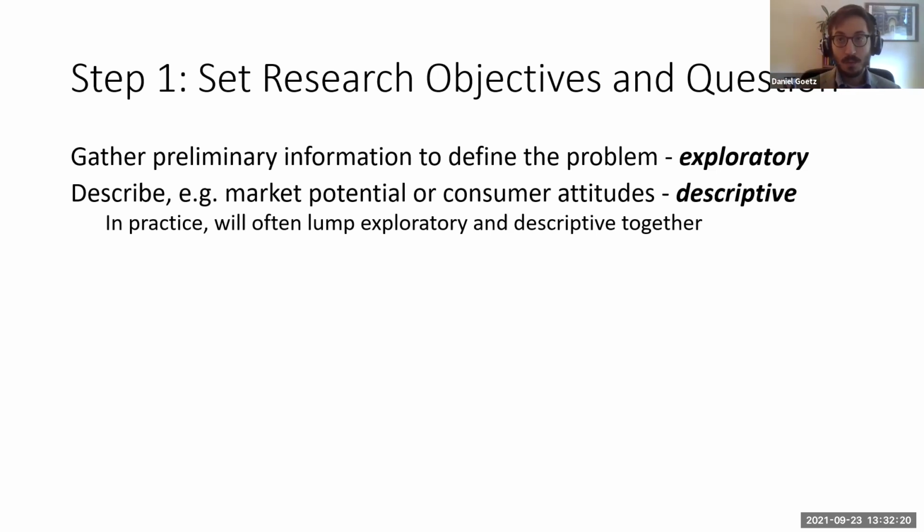With exploratory, sometimes you don't even know what you're not sure about, right? There's things out there that I don't even know about, but that maybe I should be paying attention to. So I just want to learn about what people care about, or what is on people's radar in terms of things that they're thinking about, okay?